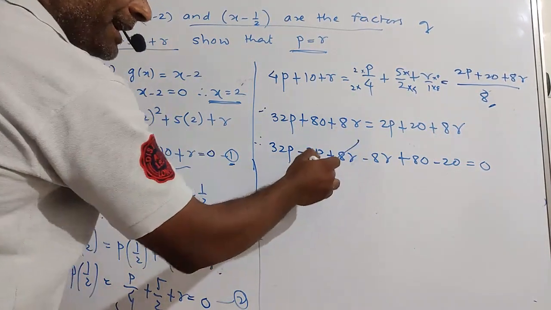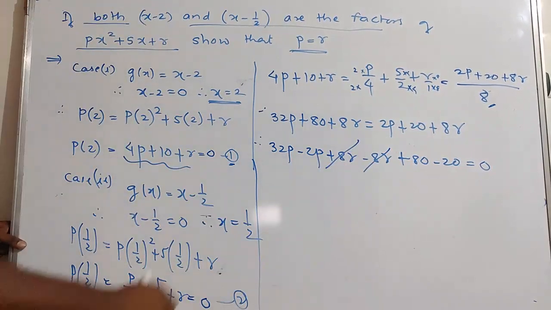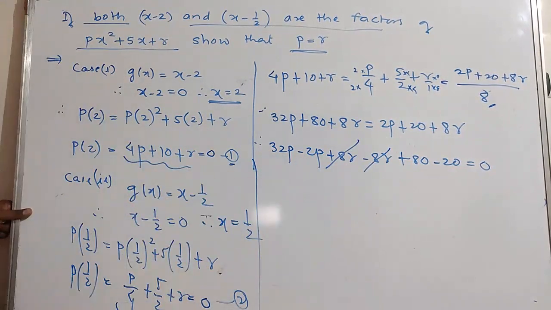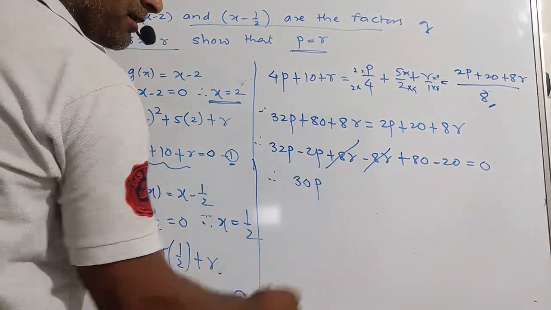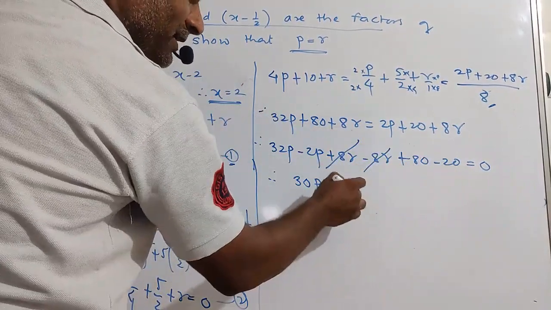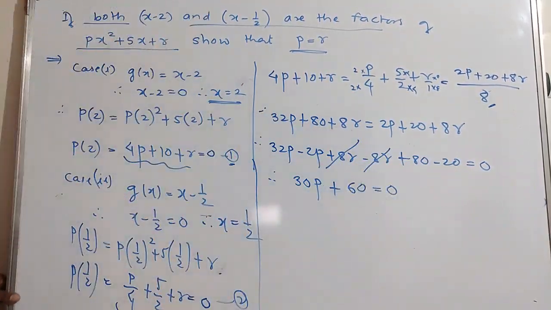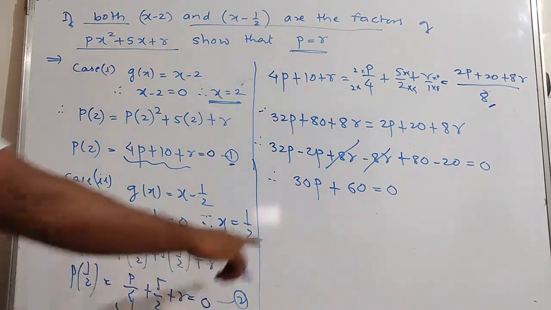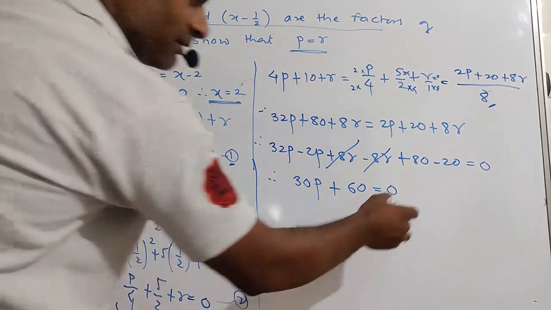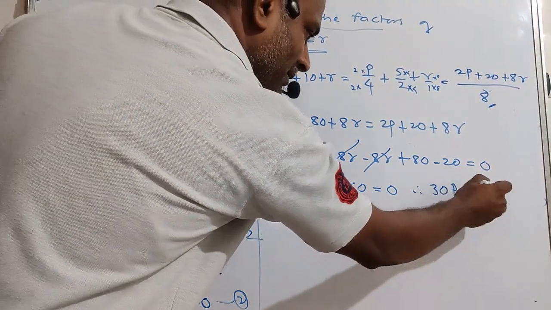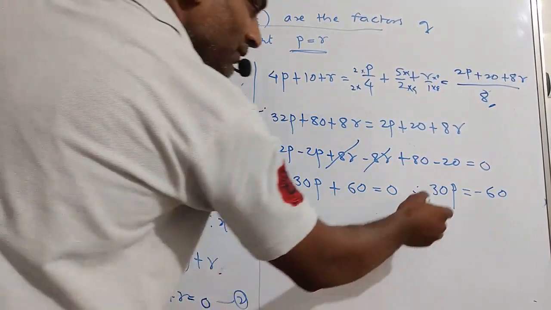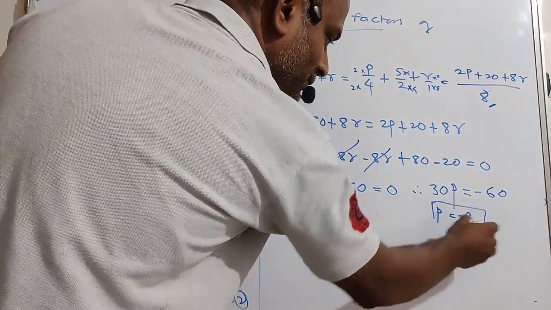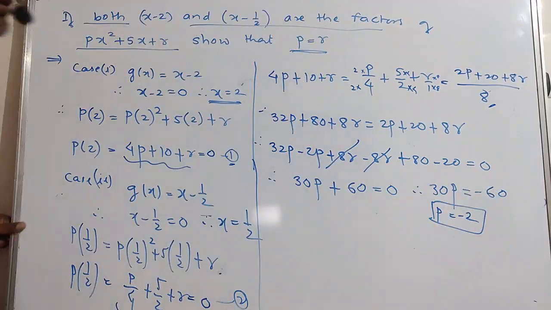Now this 8R plus and 8R minus will be cancelled. 32P minus 2P will become 30P plus 80 minus 20 is 60 is equal to 0. Okay, so here I will get the value of P. That is 30P is equal to minus 60. Plus 60 will go that side, become minus 60. So P I will get equal to minus 2. 0, 0 cancel, 3 2s are 6. So P value is minus 2.